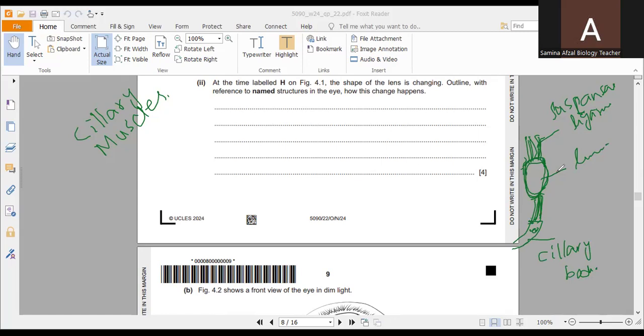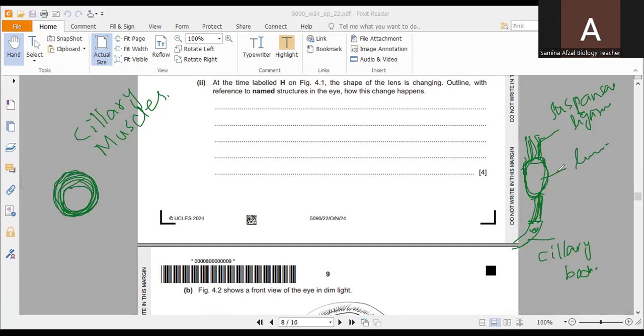So here I would like to explain, when these are the ciliary muscles, they will be in the round shape. So what will happen?